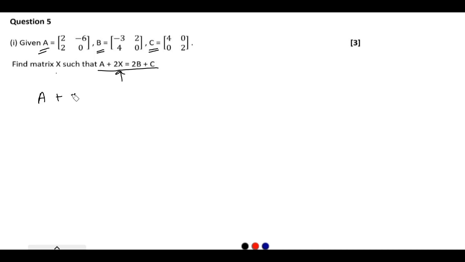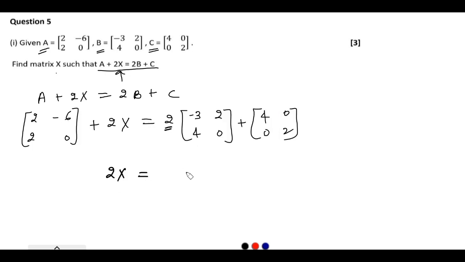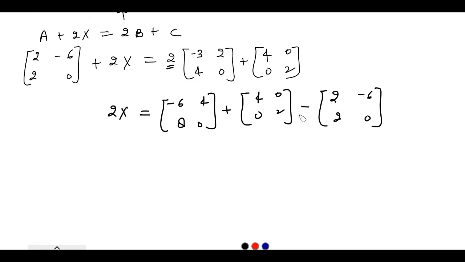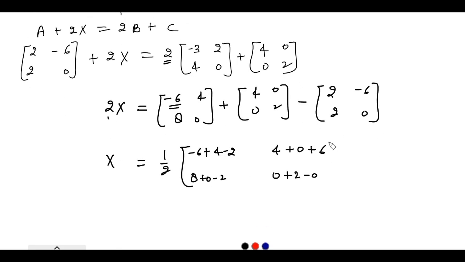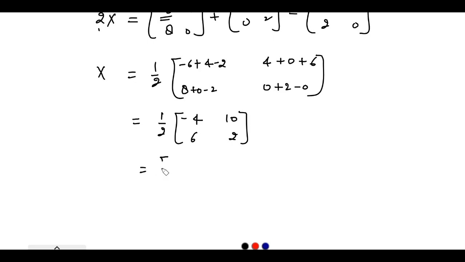Equation is A plus 2X is equal to 2B plus C. Dividing by 2, X is equal to minus 2352. This is the value of X.